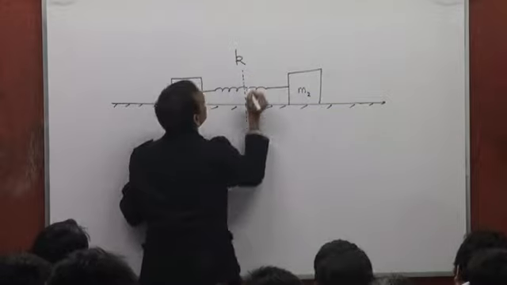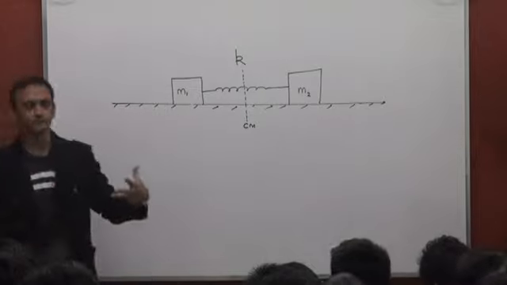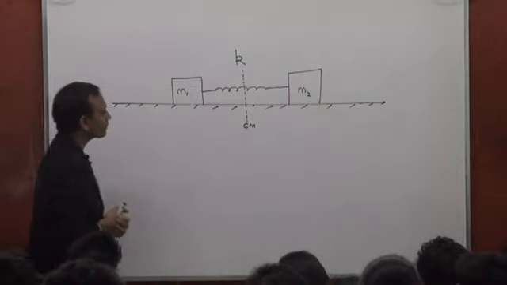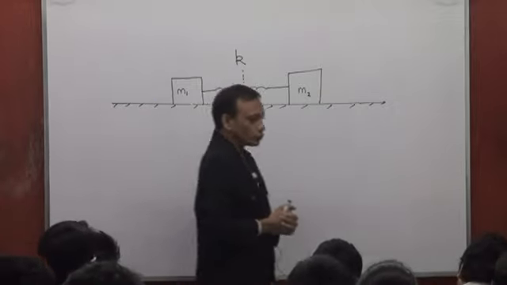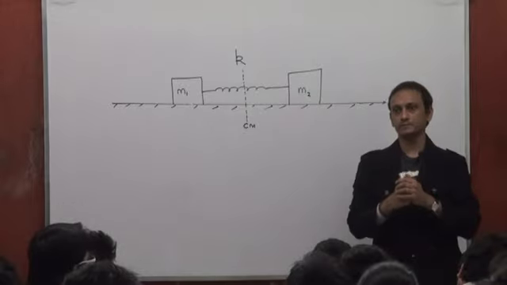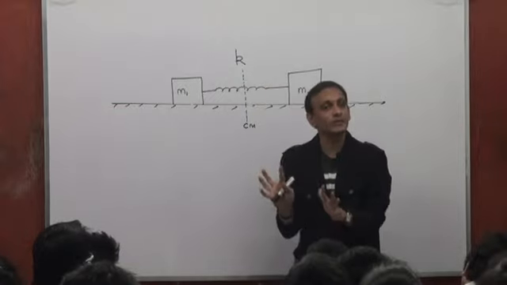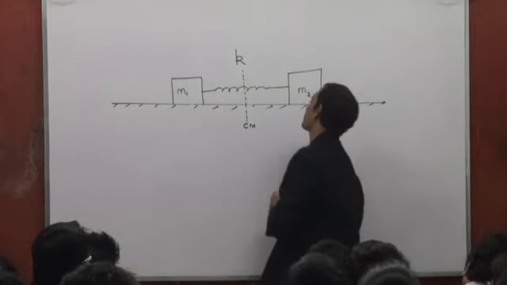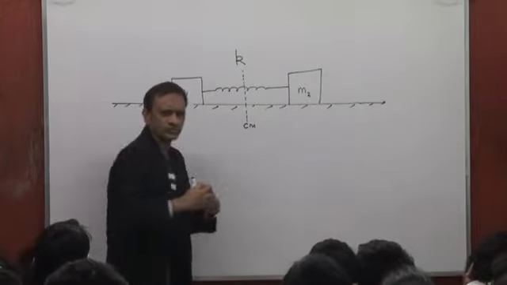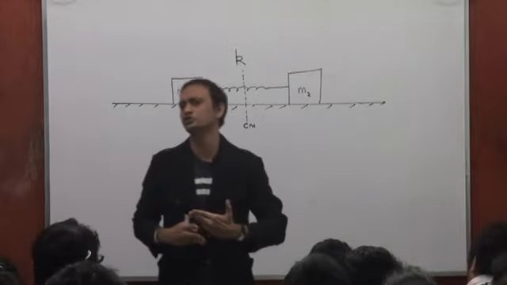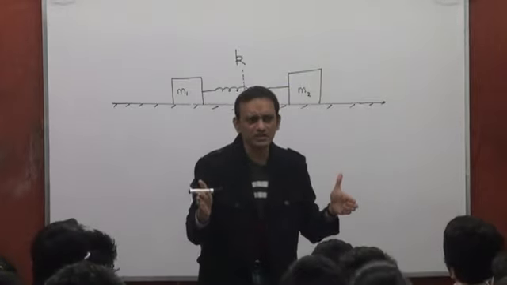M1 and M2 together would have a center of mass. What I'm going to do is, when M1 and M2 are still at rest, very slowly, so that I don't add anything to the kinetic energy of the system, I will deform the spring.